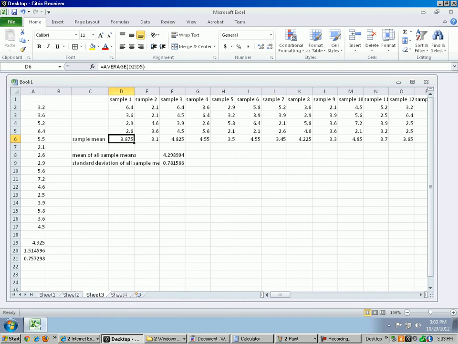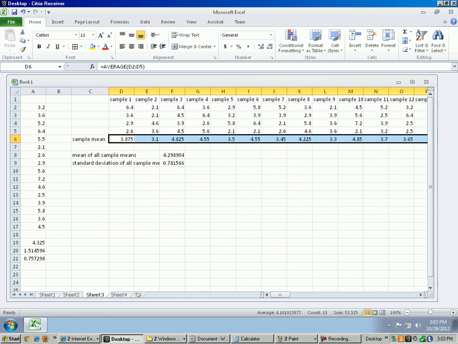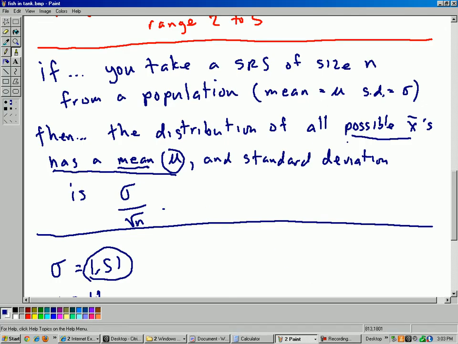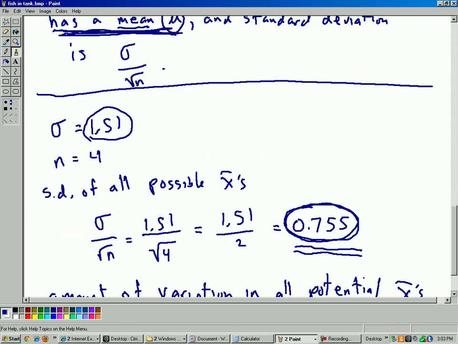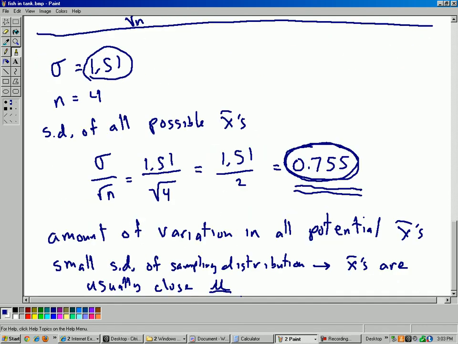If I look at all the samples that I took on this Excel sheet here, some are too low, some are too high, some are about right, but on average, the sample means are just right. That's what this says here. The mean of the distribution is the same as the population mean, which brings us to the concept of an unbiased estimator.